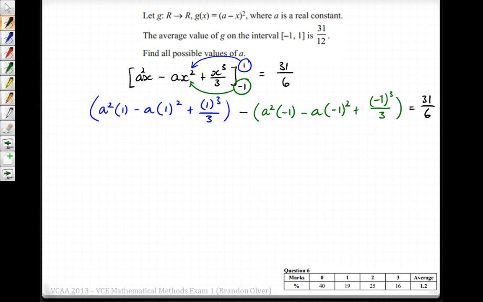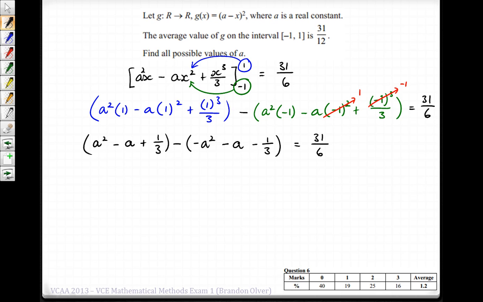So if we go through, we can simplify this down. So a squared times 1 is just a squared minus a plus a third. And then from that, I'm going to subtract away a squared times negative 1, which is negative a squared, minus a times negative 1 to the power of 2 is just 1. So if I go through here, that's just equal to 1, and that's just equal to negative 1. So I'm going to have negative a squared minus a minus 1/3 equals 31 on 6.